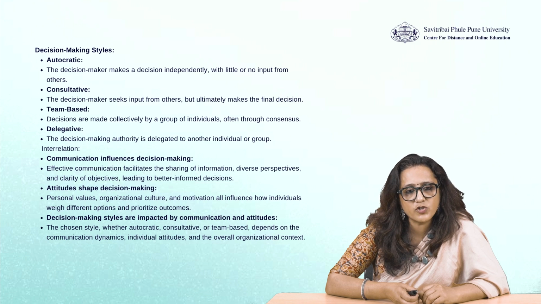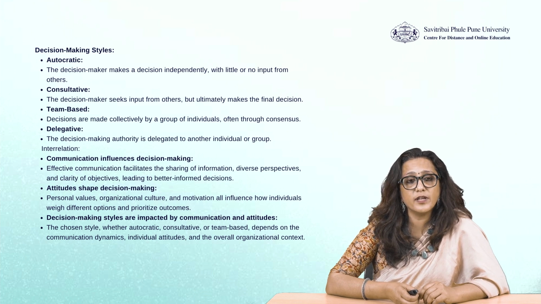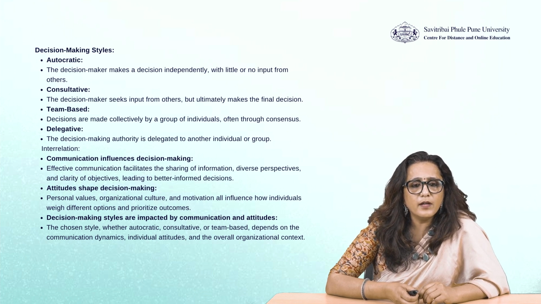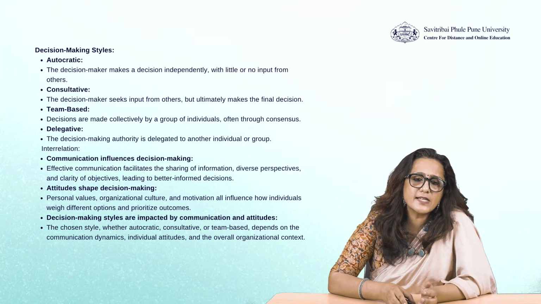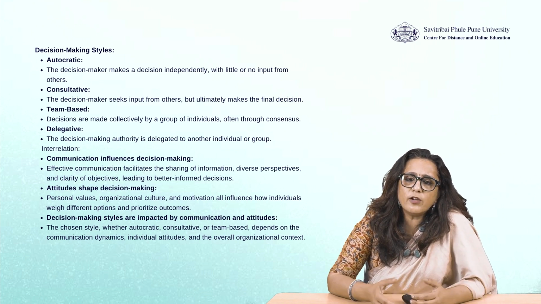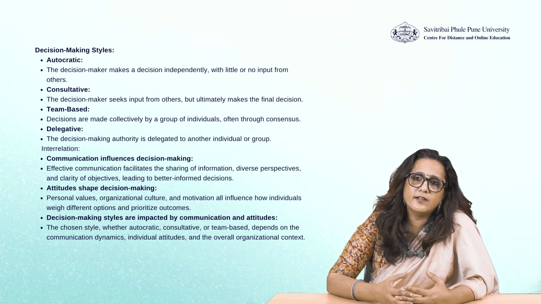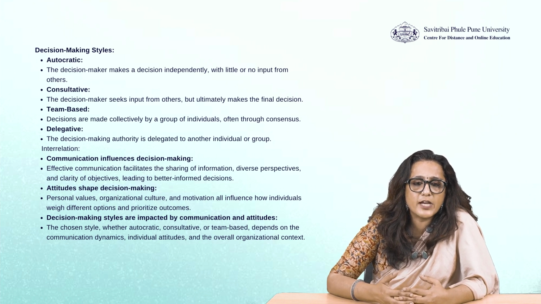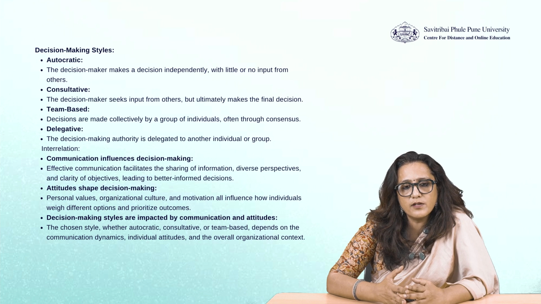And in delegative decision making, the decision is delegated to another individual or a group. Now, in communication, all four of these influence your decision making. Effective decision making facilitates sharing of information, bringing together diverse perspectives and clarity of objective, leading to well-informed decision making.